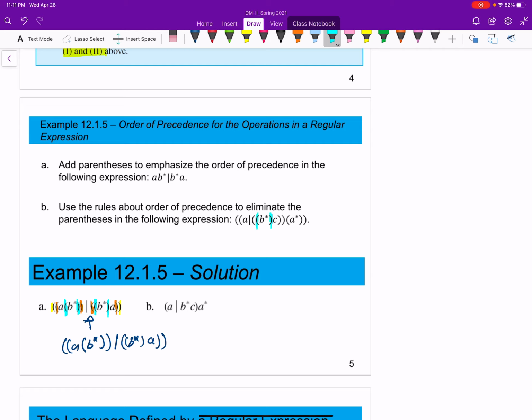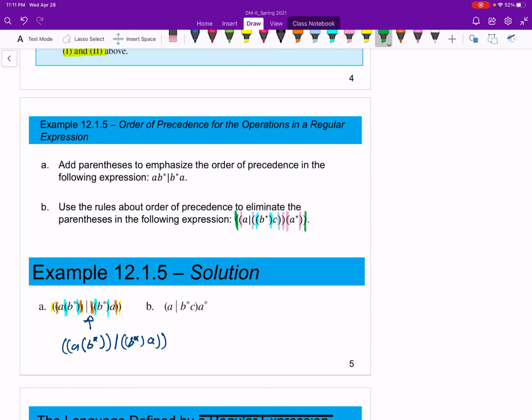You have this for that, and then you have that for that, and then you have this for that, and again this for that, and finally you have this for that. That's how the parentheses are set. You can eliminate unnecessary parentheses.